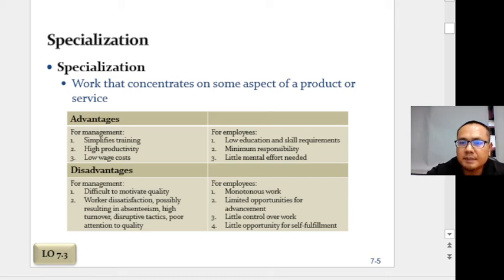So the term specialization describes jobs that have a very narrow scope, not like manufacturing a violin, for example.